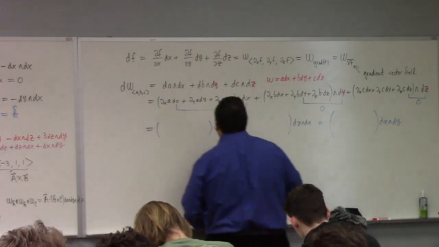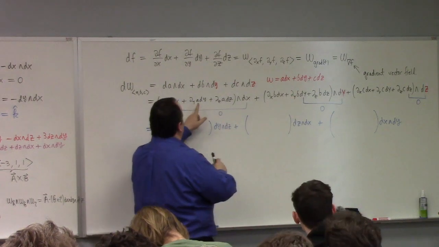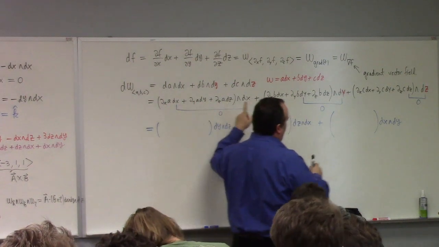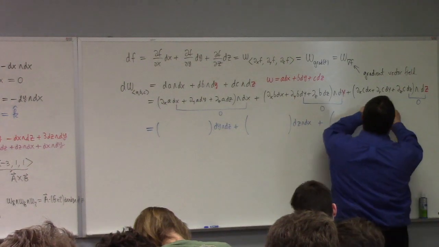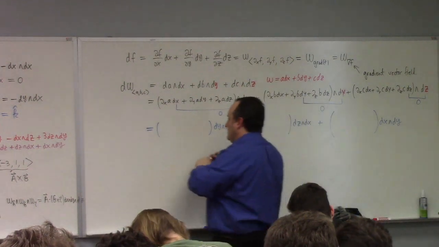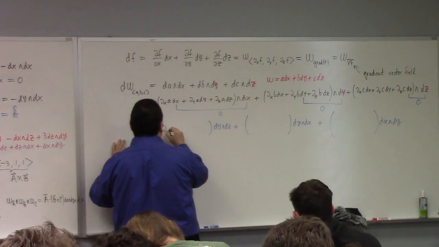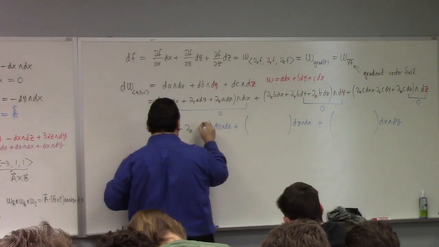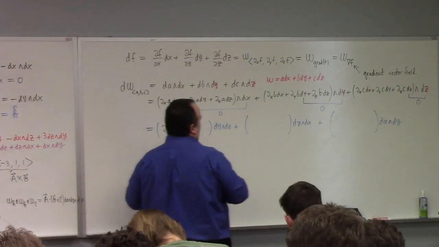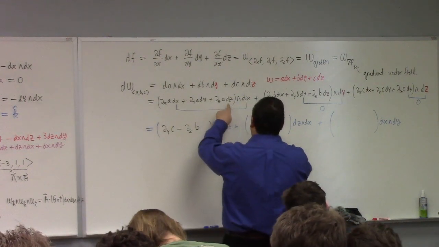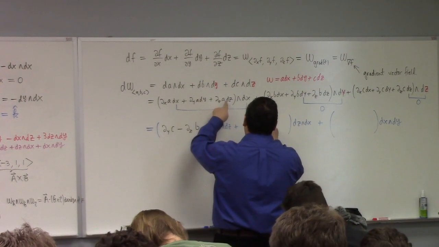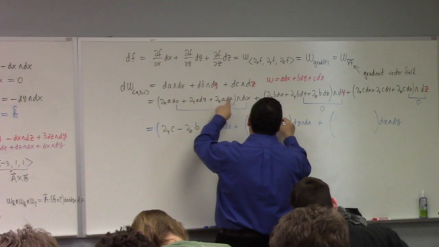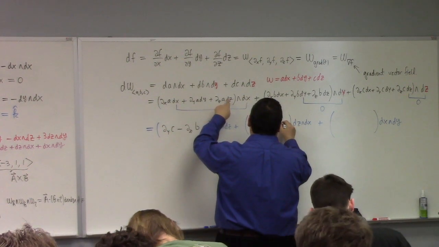So where do you get yz's? Let's see here. dy dz is over here. That's partial yc. And then you get minus partial z b. For zx, I've got a partial za minus a partial xc, I think.